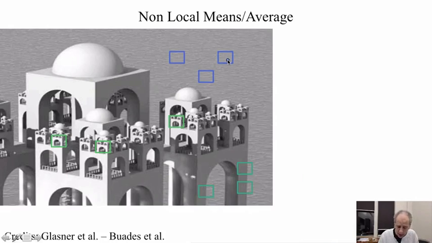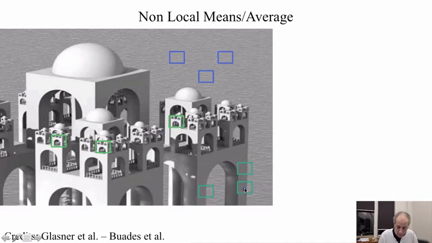We actually see that images have repetitions. Sometimes these are called self-similarities. So for example, if we look at this local neighborhood, it's very similar to this local neighborhood and very similar to this local neighborhood. We also observe that here, this local neighborhood is very similar to this local neighborhood, even similar to this. They're far away, but they're very similar.